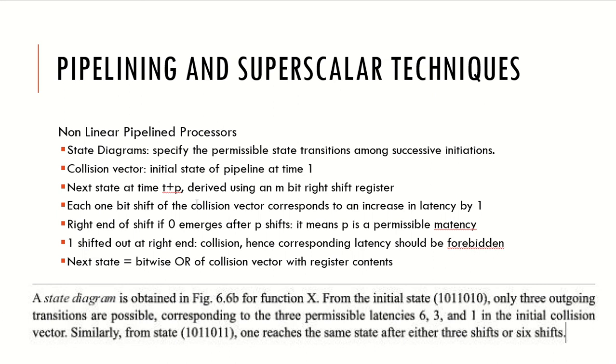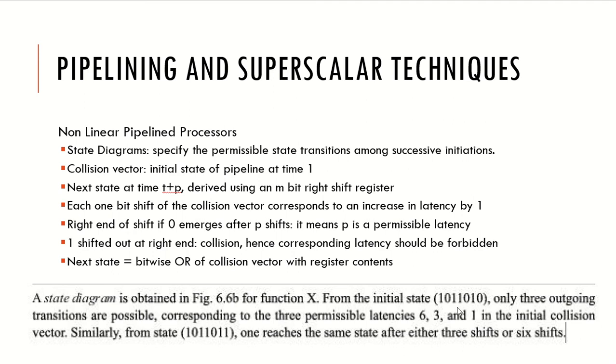Each 1-bit shift of the collision vector corresponds to an increase in latency by 1. If the shift makes a 0 emerge from the right side, then it is a permissible latency. If it is a 1, then that is a forbidden latency.